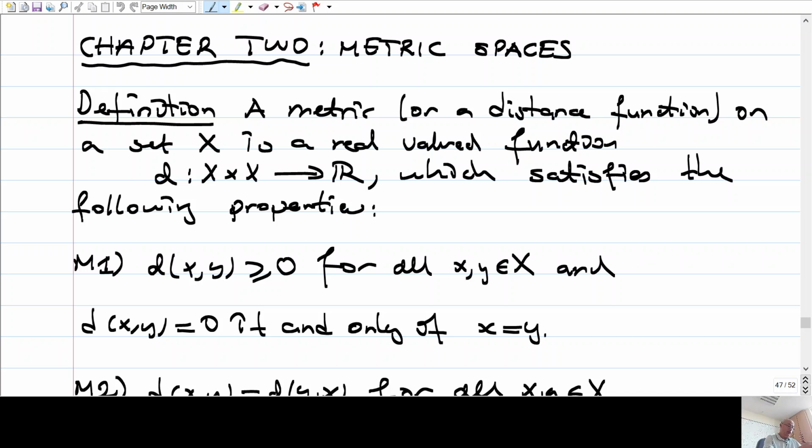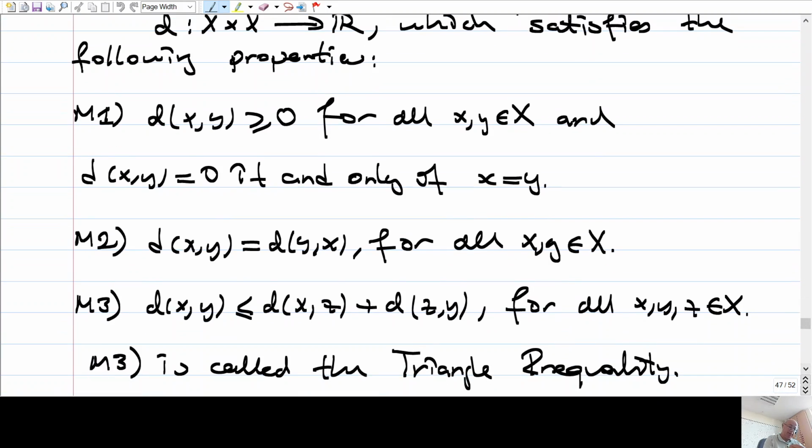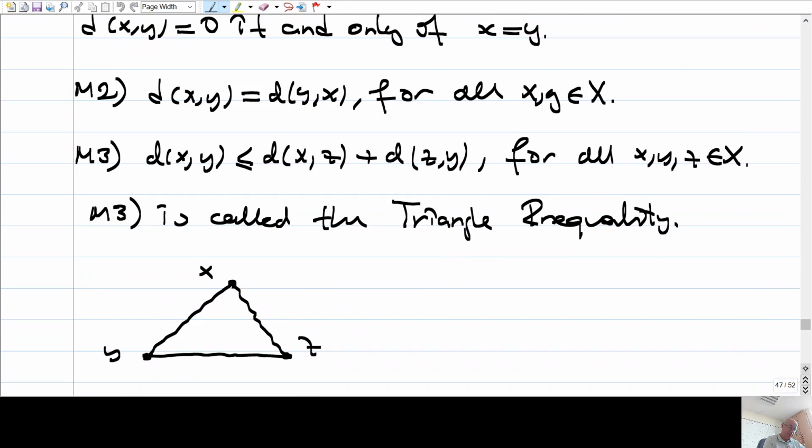Let me remind you what we were doing last time. We started metric spaces. A metric on a set X is just a function from X cross X satisfying three axioms: the positivity axiom, the symmetry axiom, and the triangle inequality.